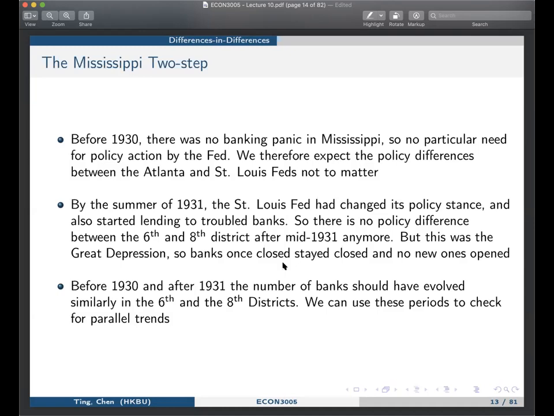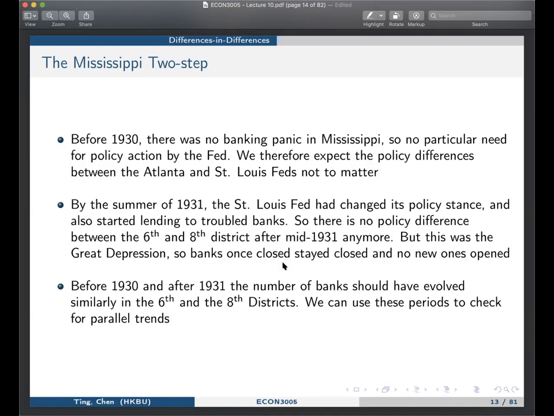So the only treatment period would be the period in which these two districts had different policies, right? That would be actually from the beginning of 1931 to mid-1931.